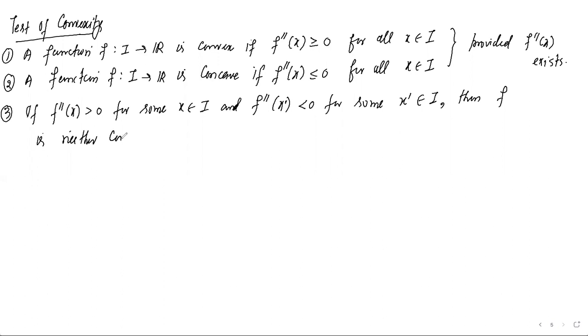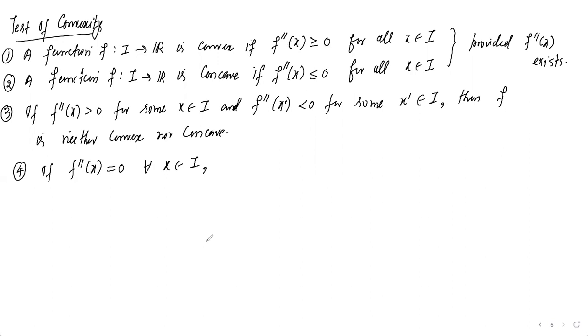F is neither convex nor concave. And in fact, the last one is if f double dash of x is equal to 0 for all x belonging to I, then equal to 0 means it can be written as greater or equal to 0.